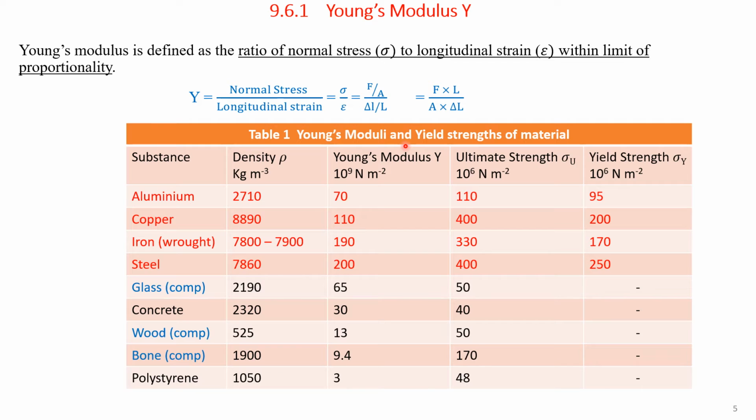It is for this reason that steel is used in heavy duty machines and in structural designs. Wood, bone, concrete and glass have rather smaller Young's modulus. Please pause it and go through it in detail.